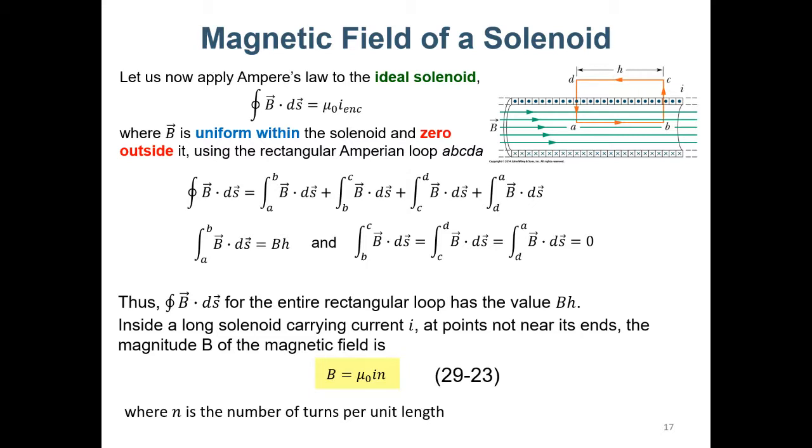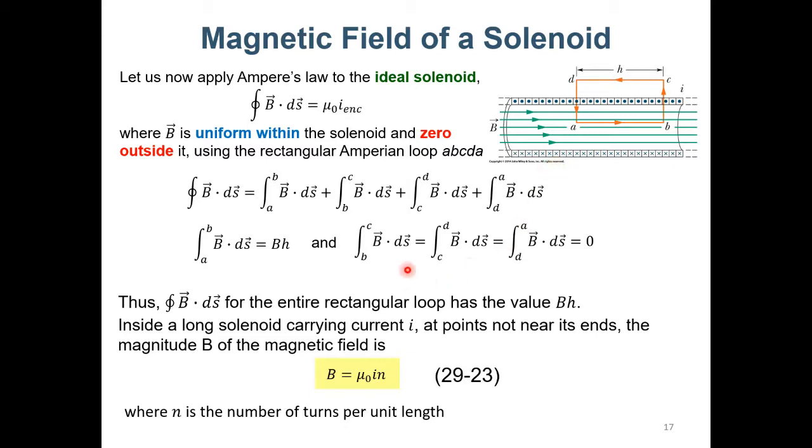But here we make this assumption: it is uniform inside and zero outside. Using a rectangular Amperian loop, A, B, C, D, this is the original line integral over the Amperian loop. So we can separate it into from A to B plus from B to C plus from C to D plus from D to A. So this one, this one, this one, and this one.